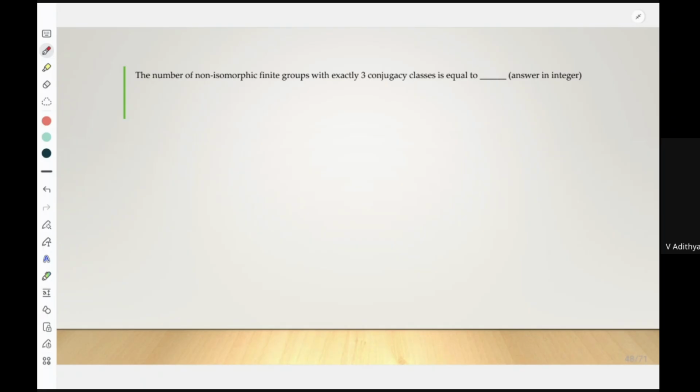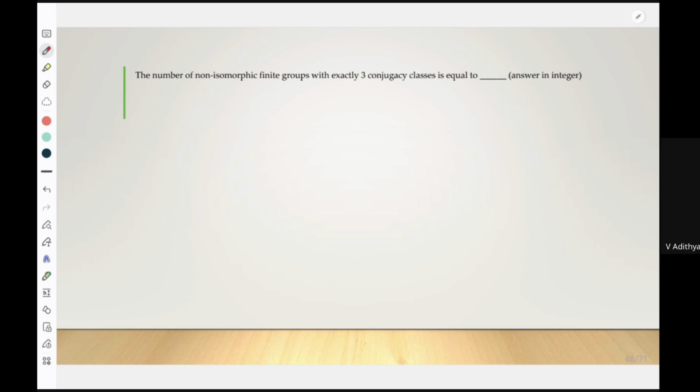Yeah, so this is an interesting question. This is from the GATE exam of previous year, 2024. The number of non-isomorphic finite groups with exactly 3 conjugacy classes is equal to what? So we have 3 conjugacy classes, which means we can use the class equation.